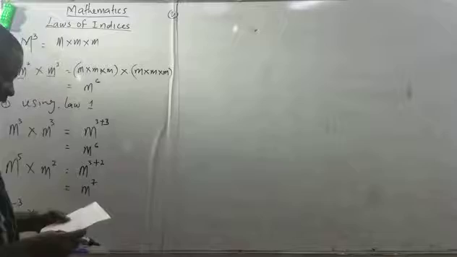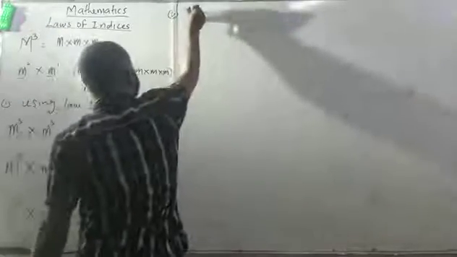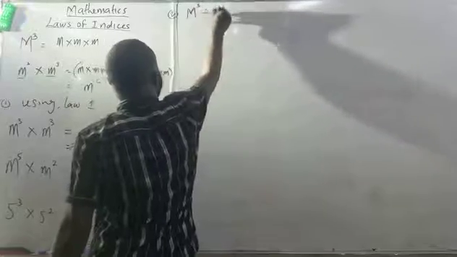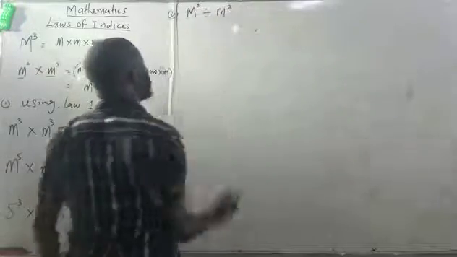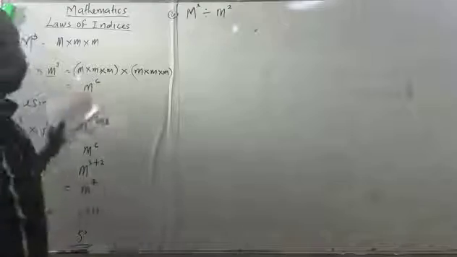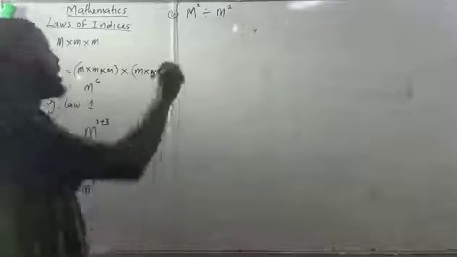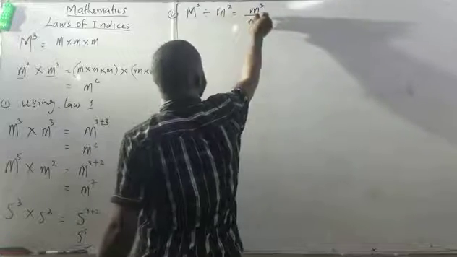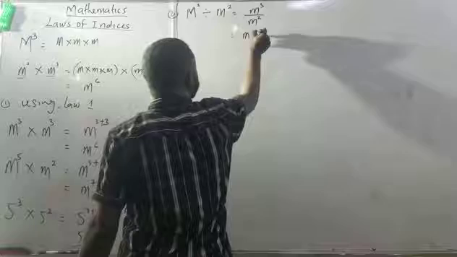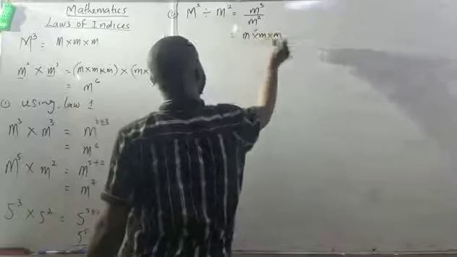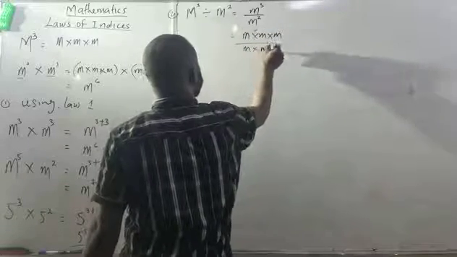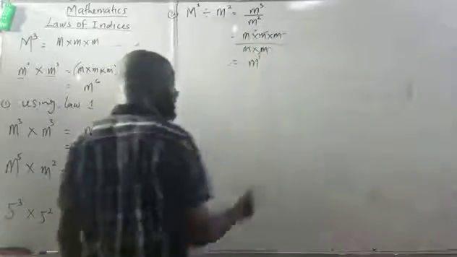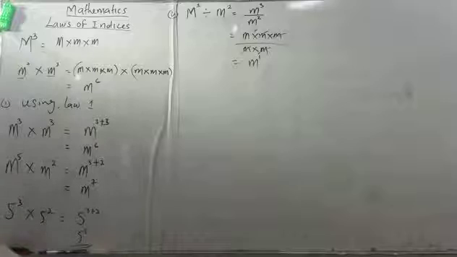The division law tells us that when I have m raised to power 3 divided by m raised to power 2, if I'm to do it the normal way, it will be m divided by m raised to power 2, which gives m multiplied by m multiplied by m, over m multiplied by m. This will cancel this, this will cancel this. Now it is m raised to power 1. Now this is how to do it in the normal way.